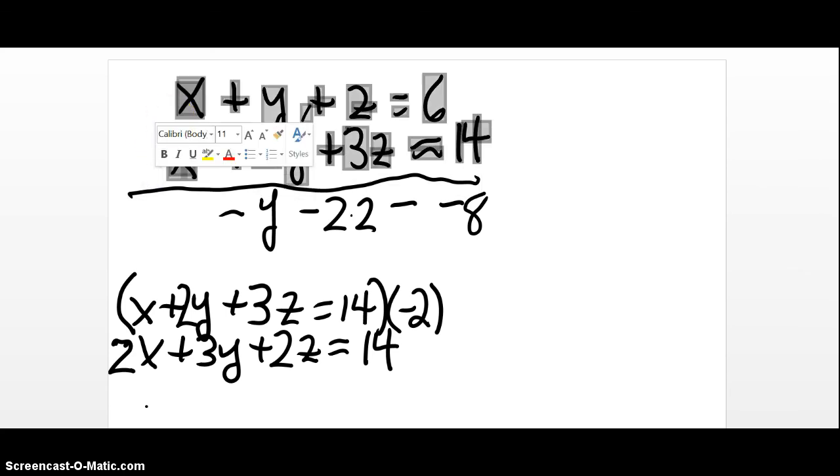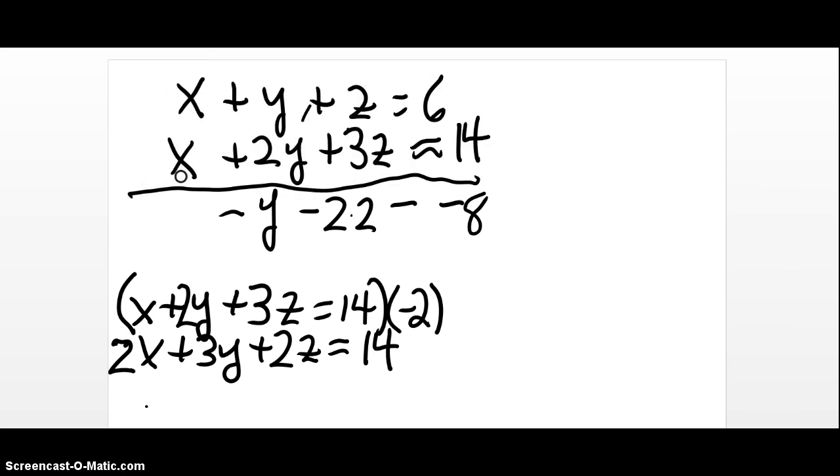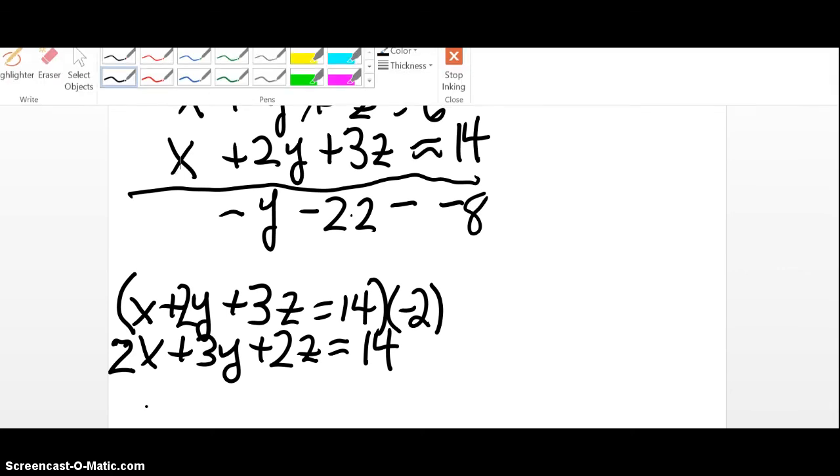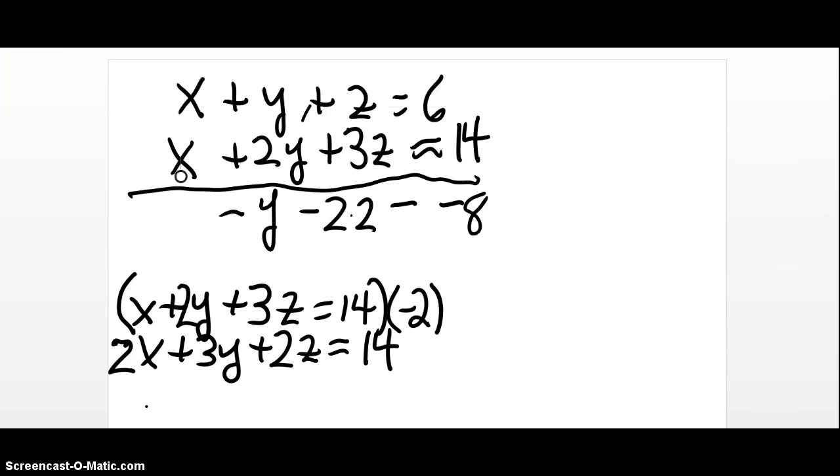So again, we get negative y minus 2z equals negative 8.